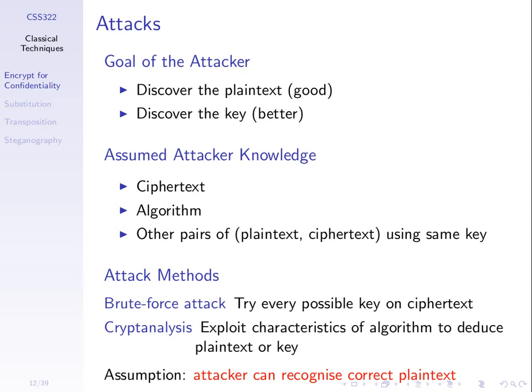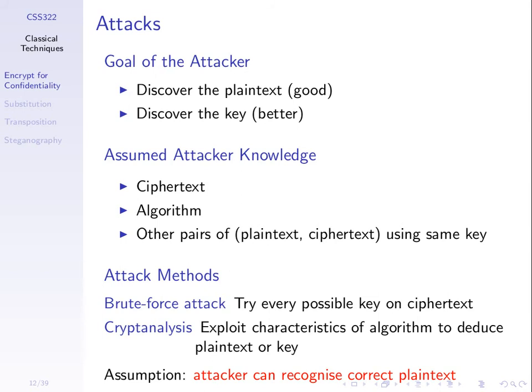It's not secure. What does the attacker know? We assume they know the ciphertext, that they can intercept and find the ciphertext. We assume they know what algorithm is being used, the details of that algorithm, the parameters of that algorithm. And in some cases, we'll assume that they know other pairs of past plaintext ciphertext. A pair is, let's say in the past, user A has taken a plaintext, encrypted with their key, and sent the ciphertext.